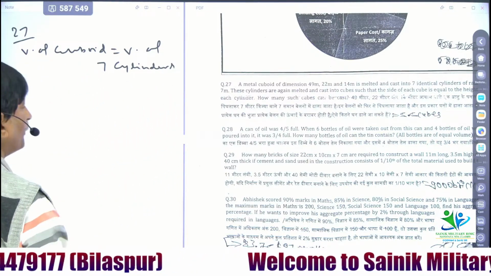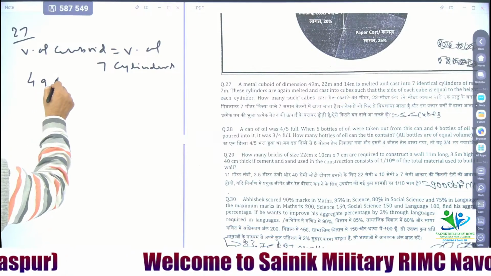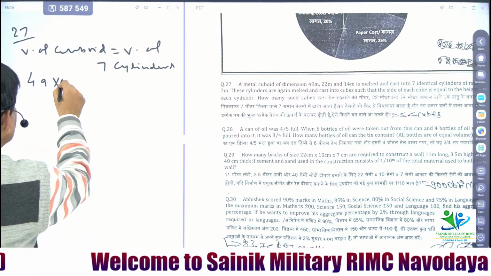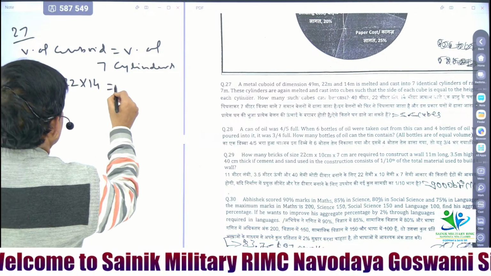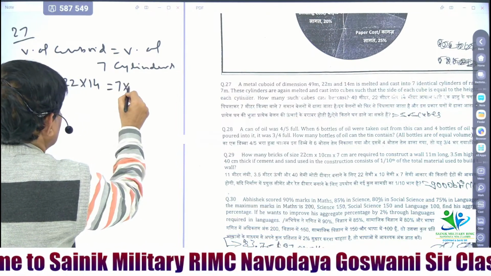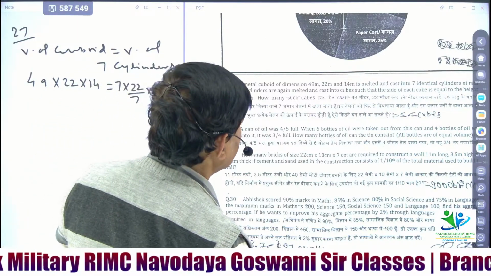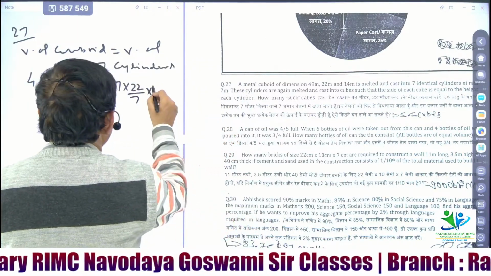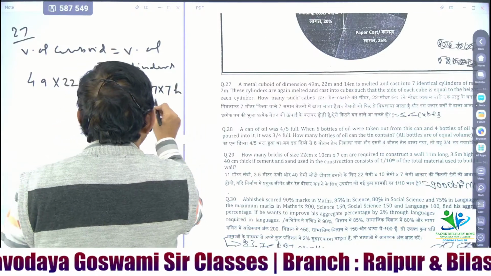Now apply the formula of volume of cuboid, that is LBH, 49 into 22 into 14. यूनिट पर ध्यान देना है. 7 cylinders, 7 into pi is 22 by 7, and cylinder of radius is 7 meter as given, 7 into 7, and height, you can find height from here.